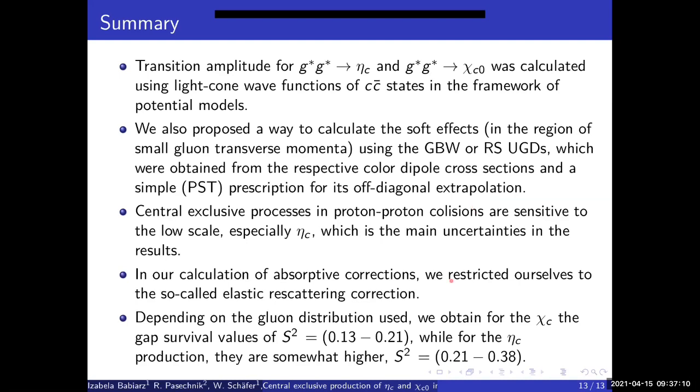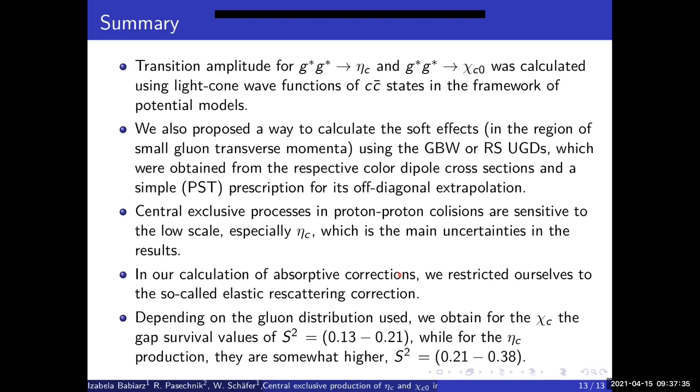In the central exclusive processes, exactly in proton-proton collisions, we are sensitive to the low scale, especially for eta C, which is the main uncertainty in our results. Also in our calculations of the absorptive correction, we restrict ourselves to the so-called elastic rescattering corrections.